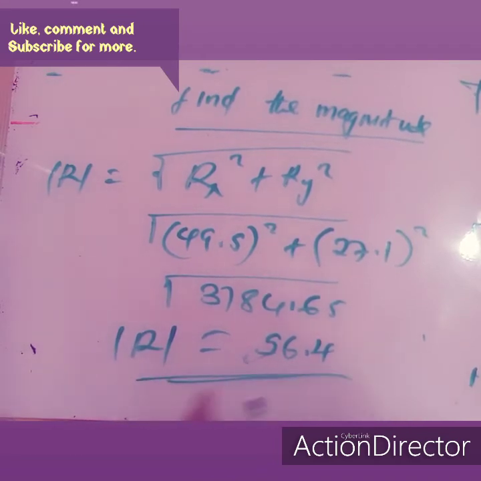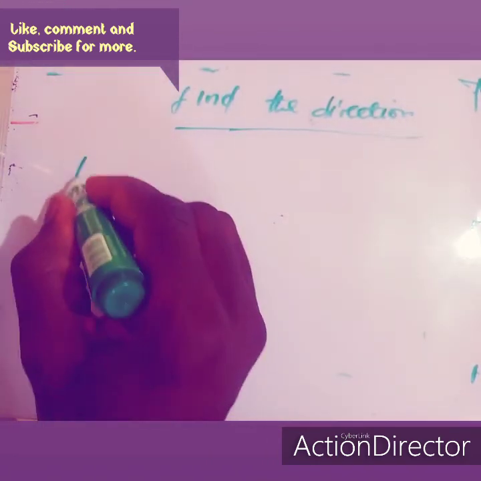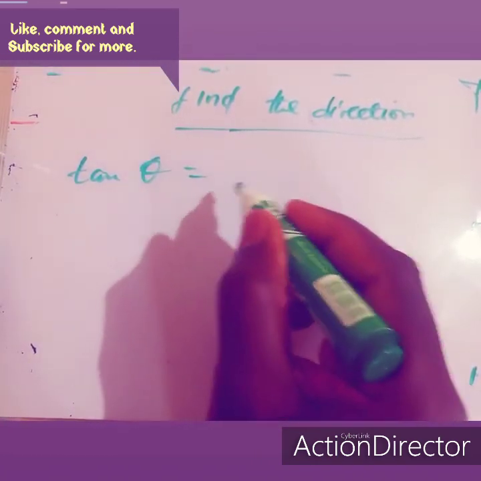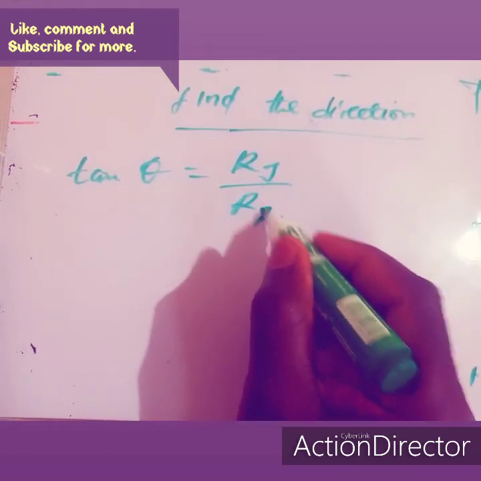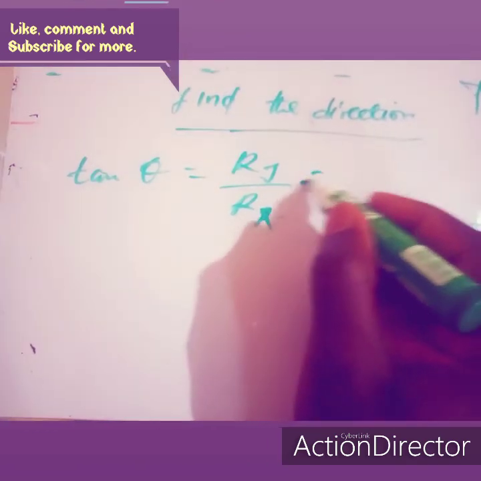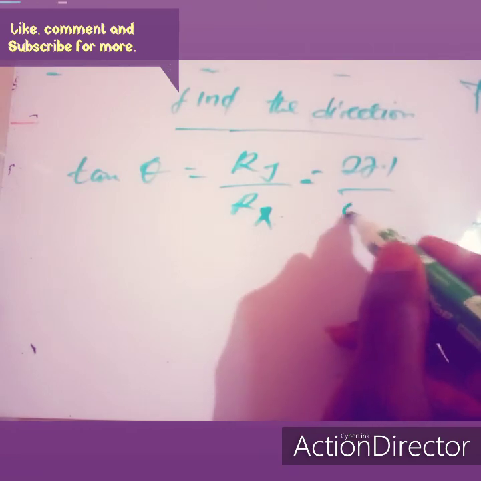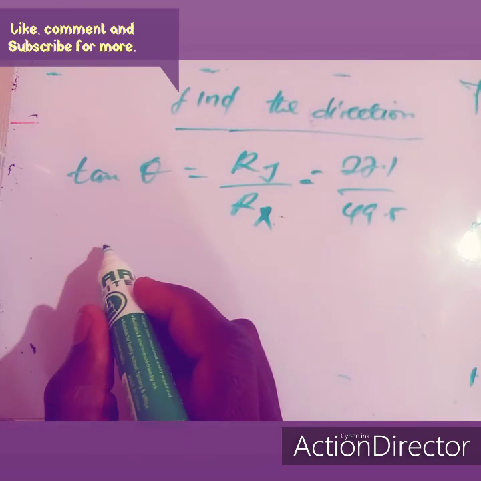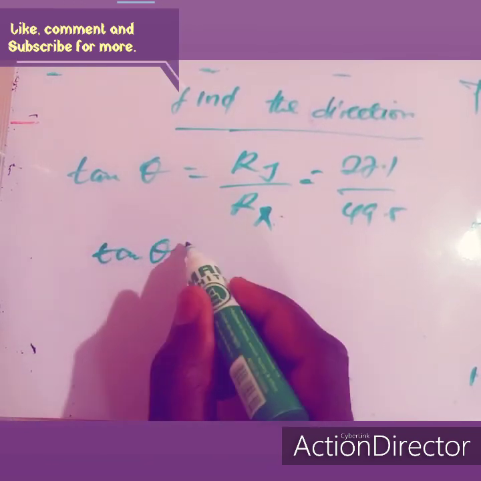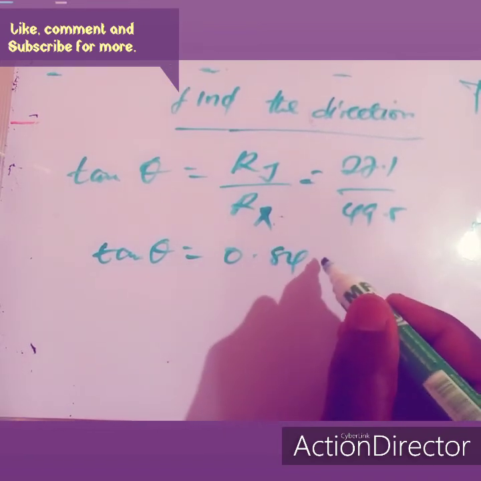Okay, now we go to finding the direction. To find the direction, we say tan theta will be equal to Ry divided by Rx. So our Ry is 27.1 divided by 49.5. So our tan theta will be equal to 0.5474.